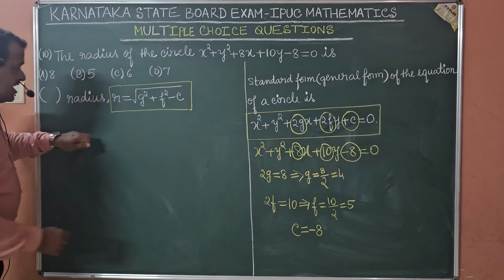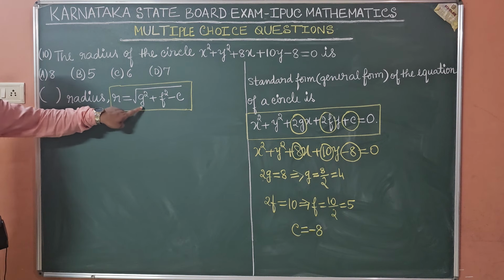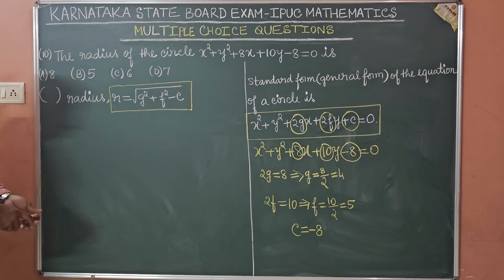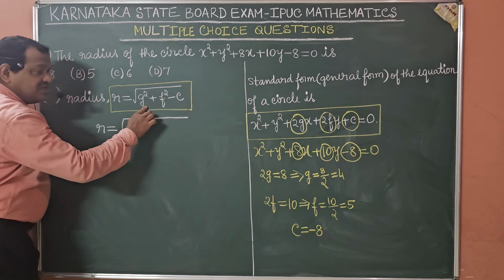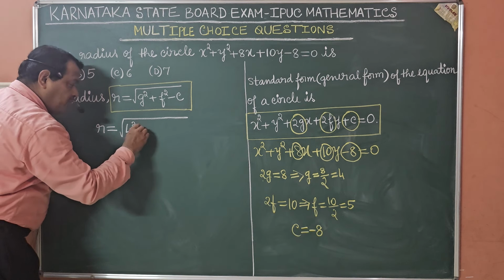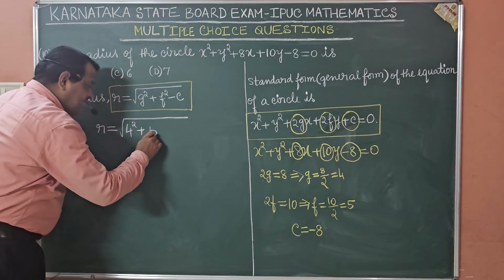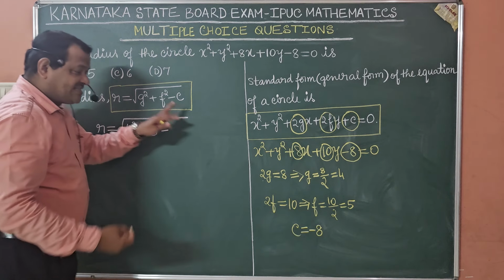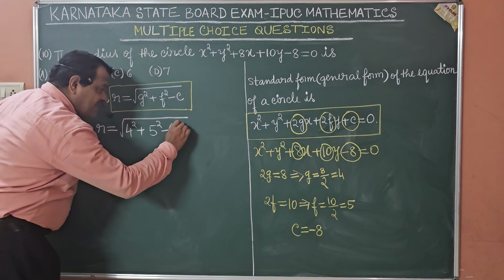Hence, the radius of the circle formula is R equal to square root of G square plus F square minus C. Therefore, R is equal to square root of 4 square, since G is 4, plus F I will put 5, 5 square, minus C, and C is minus 8, so minus of minus 8.